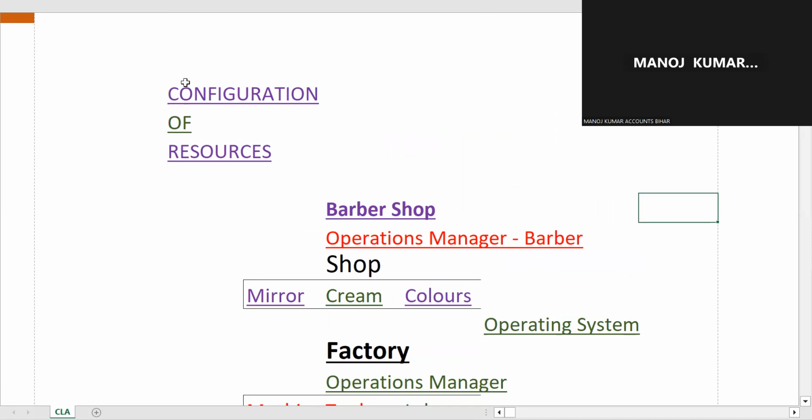They didn't have a shop and all. Anyone comes, they would make them sit there, and right there they'll give the barber service. So what is the operating system for that? Just that chair and whatever they have. Whatever resources you are using to give service, that is your operating system. Just understand that.